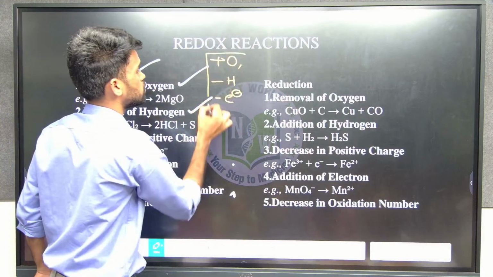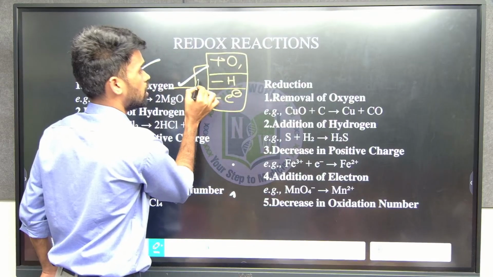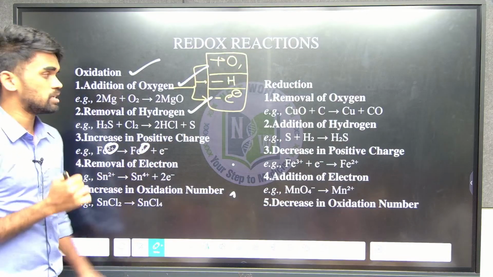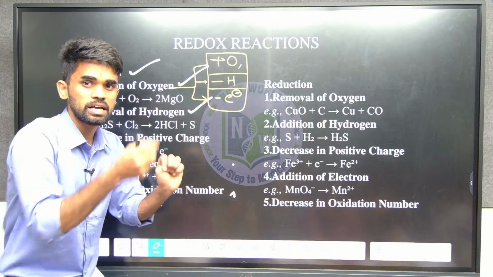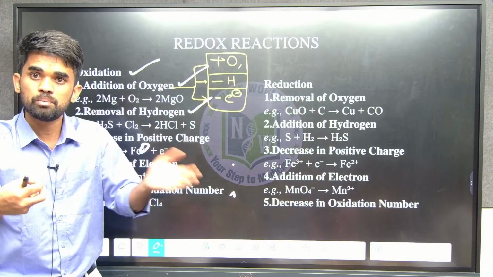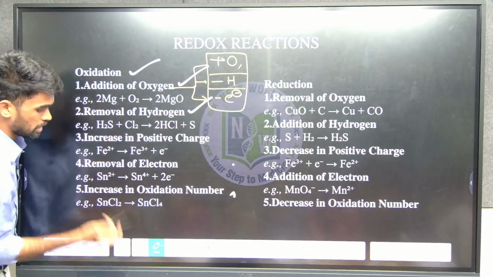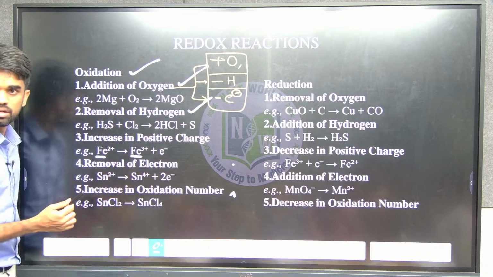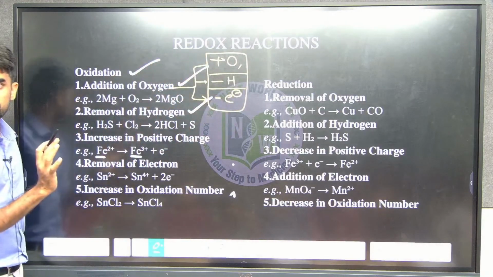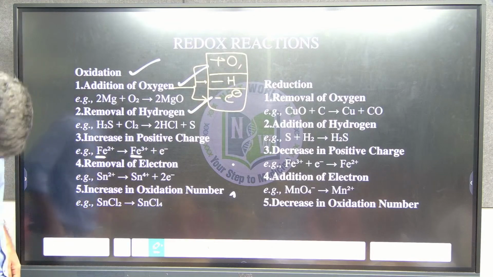These are the 3 things: addition of oxygen or removal of hydrogen, and removal of electrons. If you remove electrons, you are removing negative charge, so the positive charge on that species increases. Here plus 2 converting into plus 3 means one electron is removed. So removal of electrons is also oxidation. Is this clear up to here? 3 points.